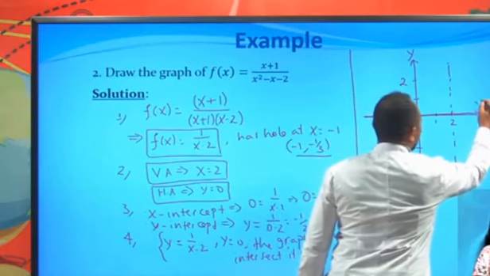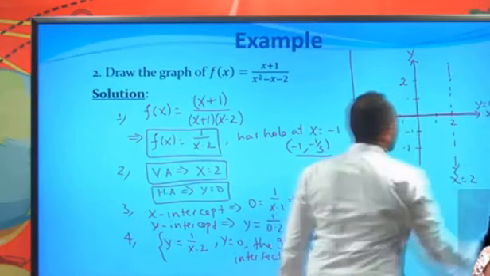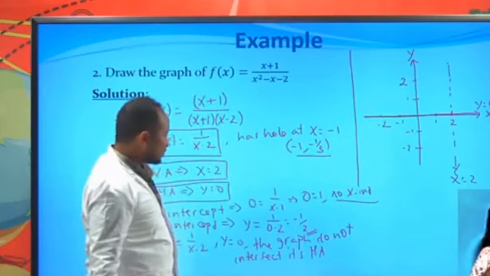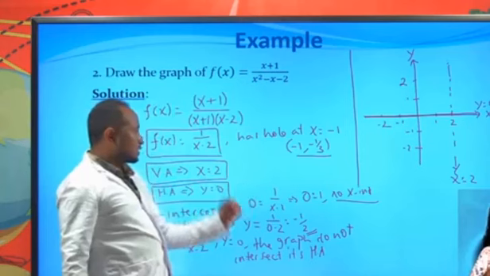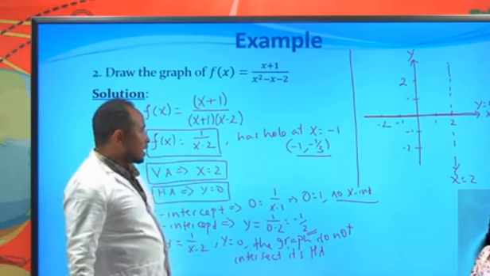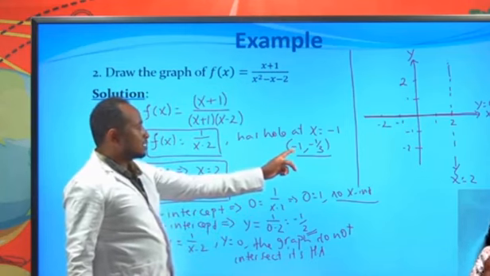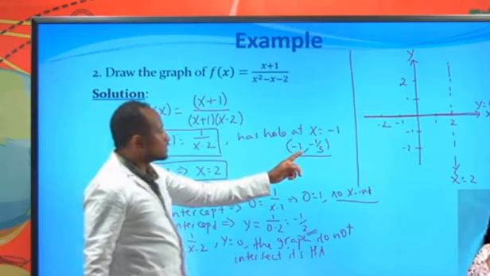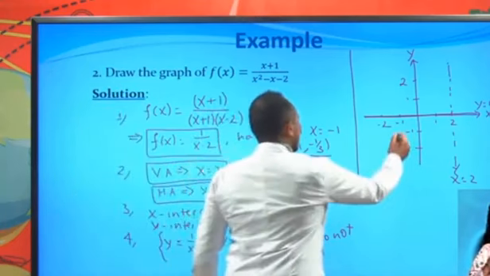When x approaches 2 from the right, this means it is 2 point something, almost 2.0001. So 2.0001 minus 2 is a very small positive number.